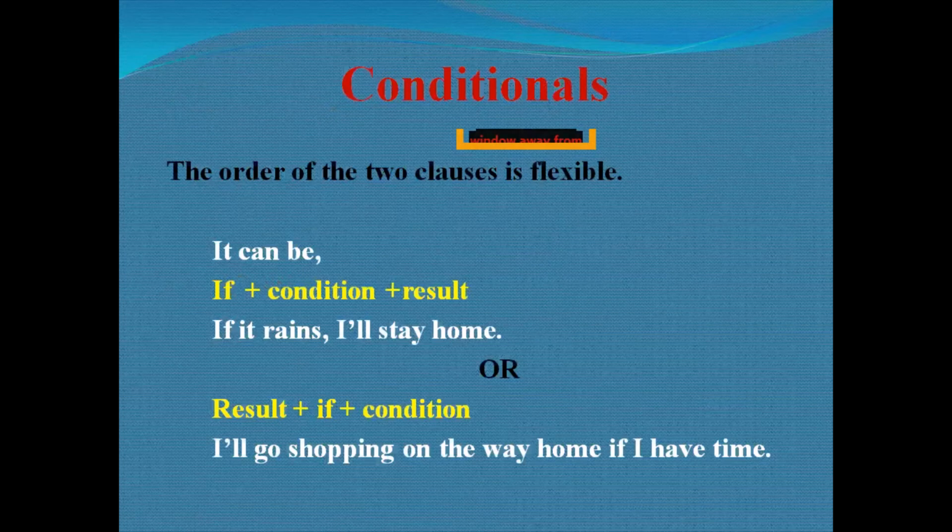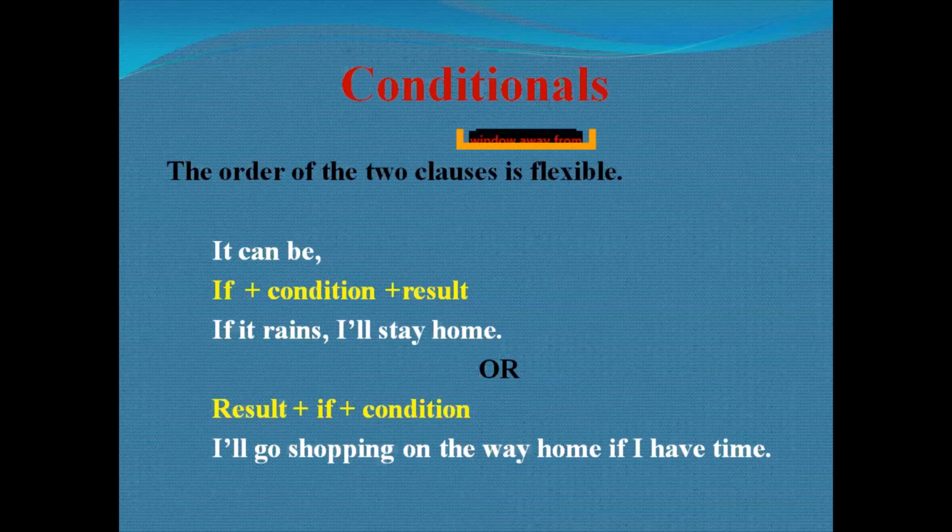between these two structures would be the punctuation mark. As you can see in the first example, there is a comma right after the subordinate clause, right? If it rains, comma, I will stay home. But in the second example, I will go shopping on the way home if I have time, there is no comma or punctuation mark.